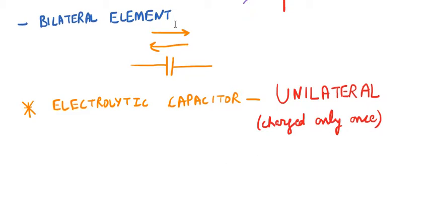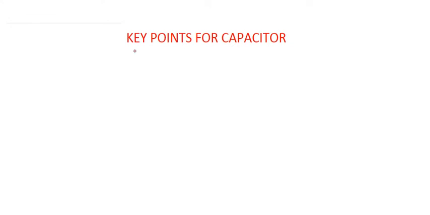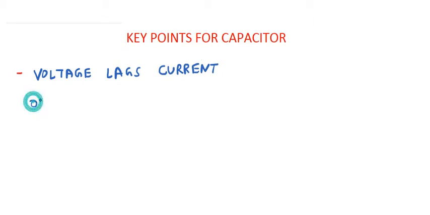This is all about the capacitor. The key points to remember for capacitor are: in a capacitor, voltage is always lagging the current. Or we can say that current is always leading the terminal voltage.